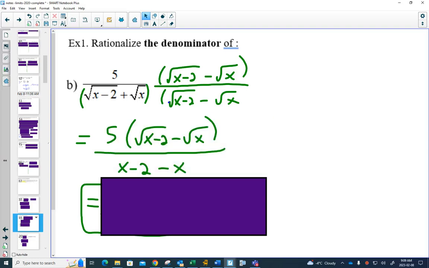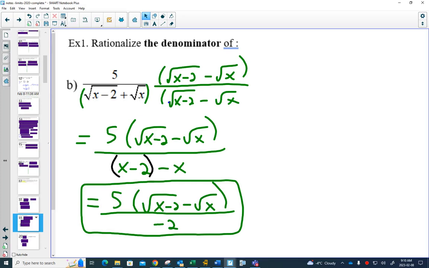I left it factored there at this time. The bottom, when it gets squared, this one squared just becomes x minus 2. Sometimes I might keep that in brackets temporarily. Minus x. It would be good if the x minus 2 was second. Then it would be important that you had the brackets there because you are subtracting. Subtracting causes all sorts of arithmetic errors. And then when we combine our like terms, we just get a minus 2 on the bottom. I left the top factored.